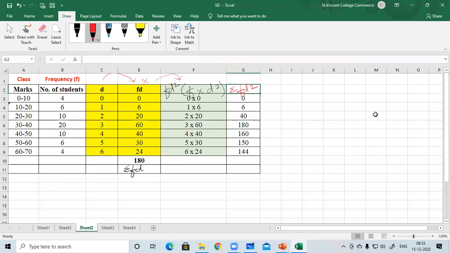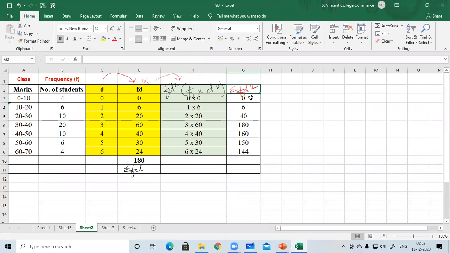This is how I get my answer for sigma FD square. And when I do the total of this, this is my sigma FD square here. Okay. Did you understand this? Yes, sir.